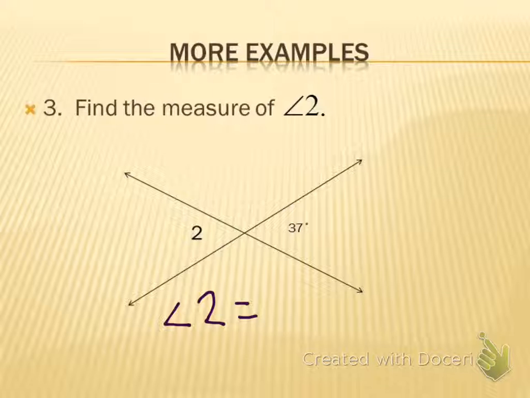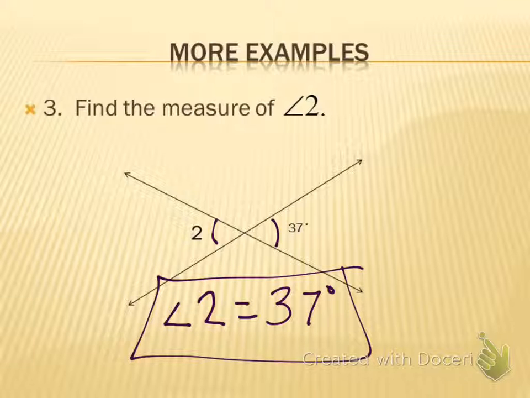They're vertical. What do we know about vertical angles? They're congruent. So if the one that's vertical with angle 2 is 37, angle 2 is also 37. No subtraction or anything.